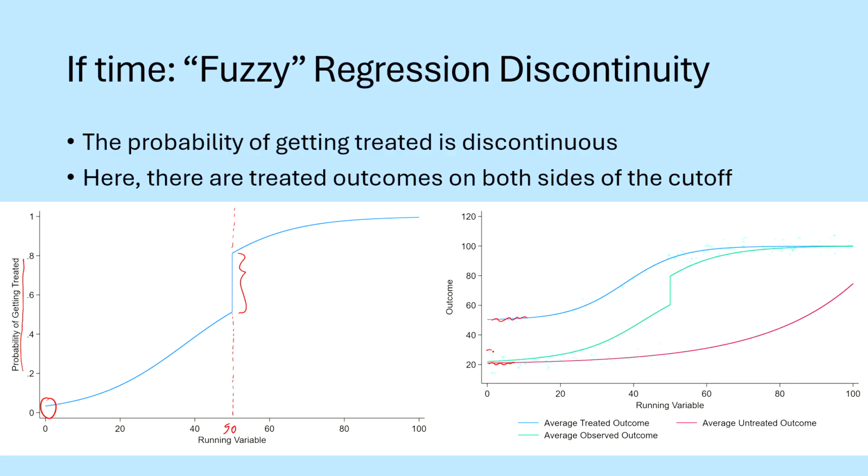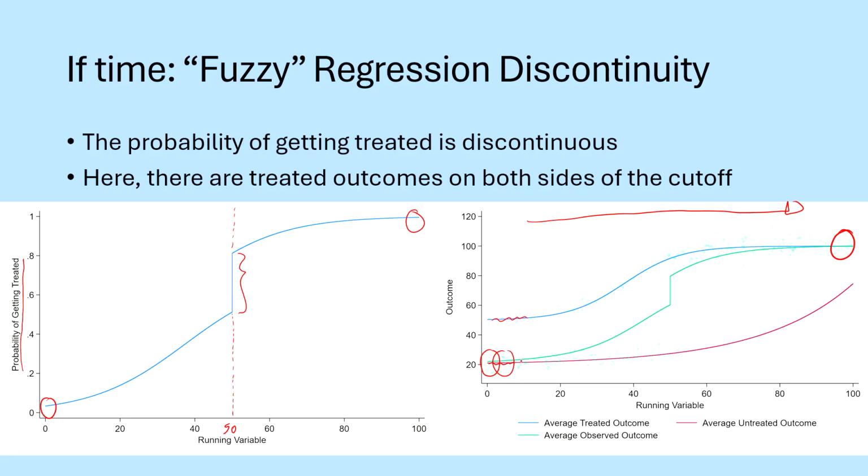And so all of these green dots are clustered around the untreated outcome, this red line. On the far right-hand side, it's just the opposite. So the probability of being treated is very high, and so all these green dots are clustered around the treated outcome. And in between that range, the probability is changing.